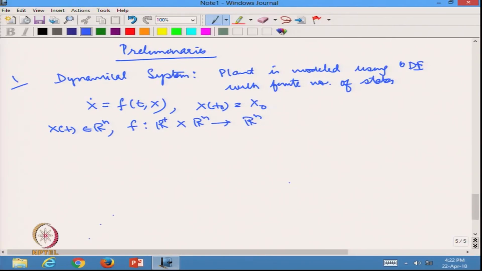Okay, so here you can see that the function f is explicitly dependent on t, and these systems are called non-autonomous systems.